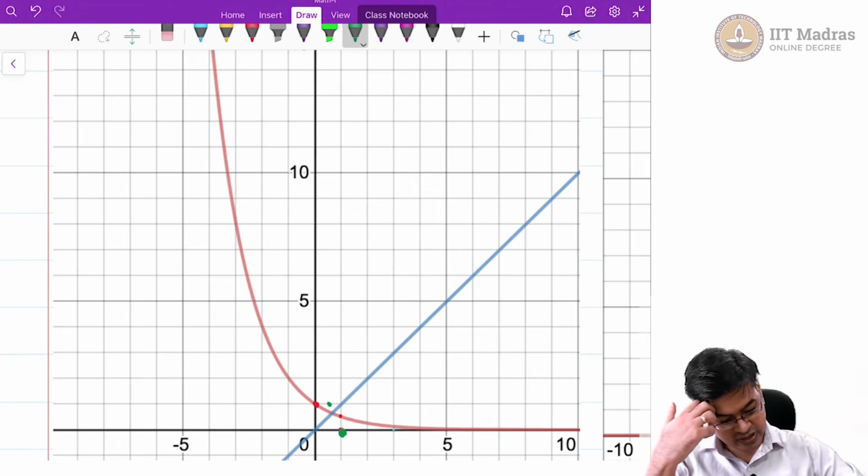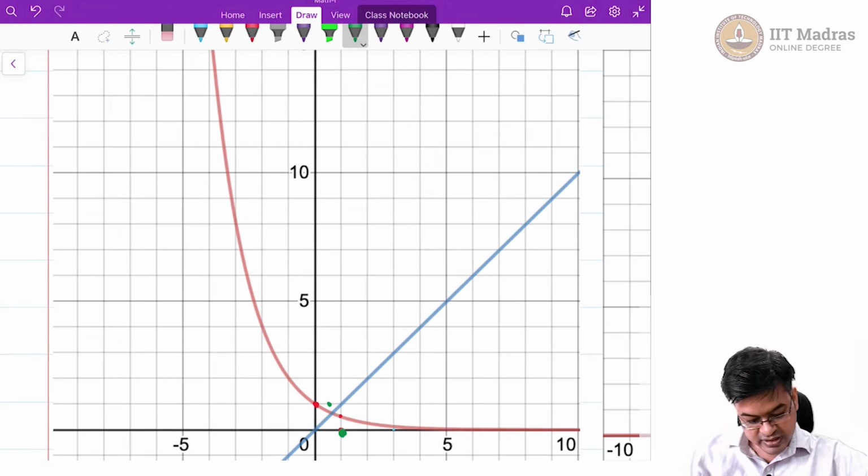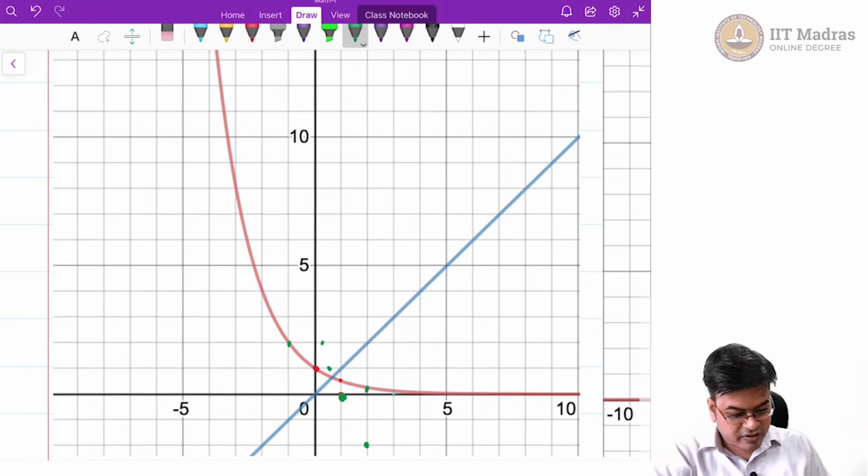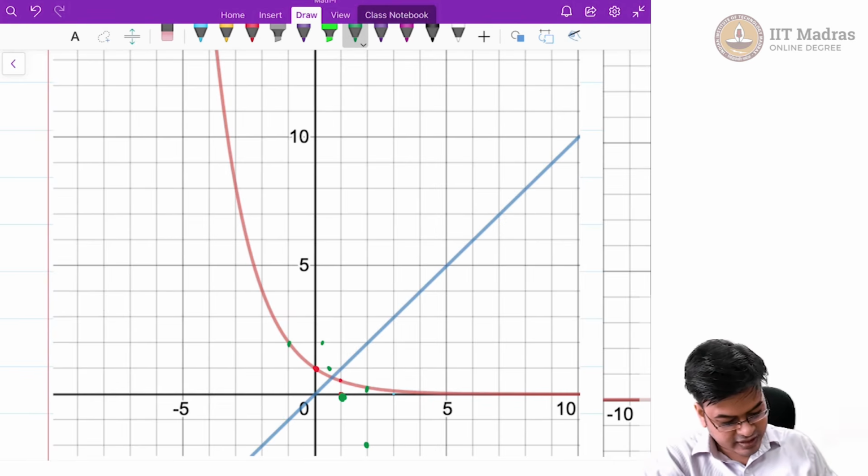For example, if I go on reflecting this point, the reflection will go to some place over here, and if you take one more point over here, the reflection will go to the other quadrant, which is 2 units below this, over here. So the graph of this function will look something like this.